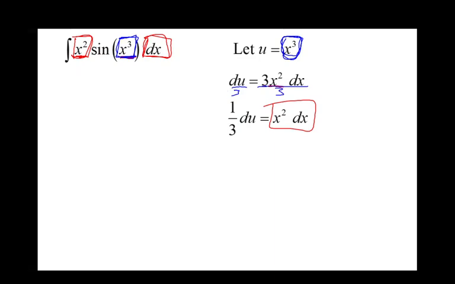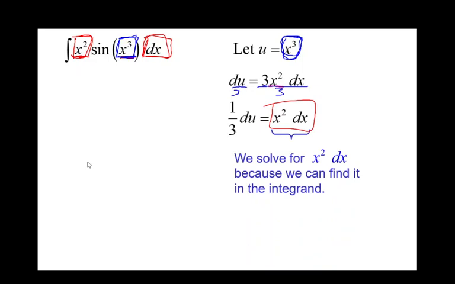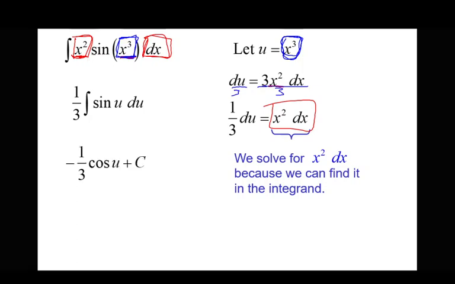And so when I do my substitution, I get that 1/3, which is just a constant. So I did skip a step there, where this would be all of this right here. This and this is 1/3 du. But this is just a constant, so I moved it out front and left the du here.